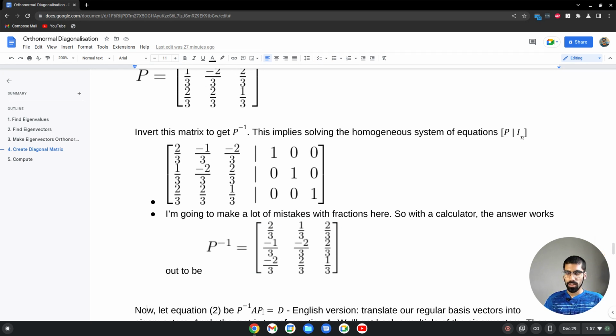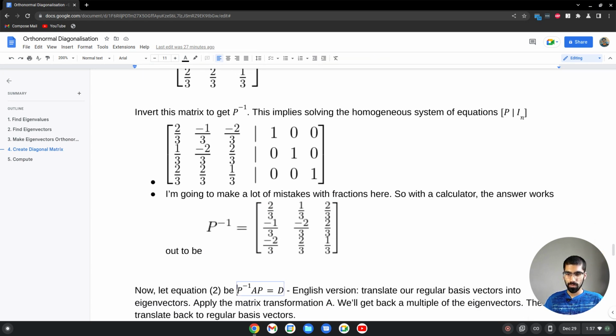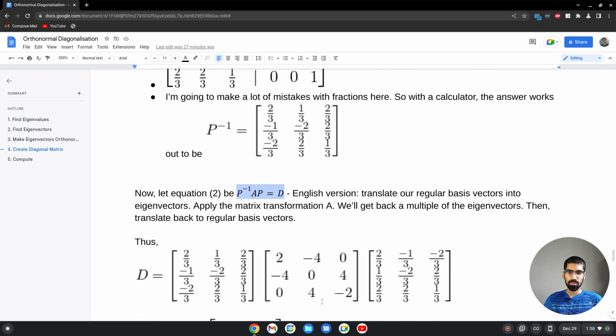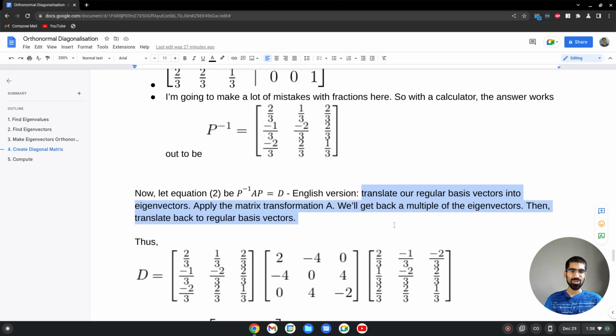And now we created a second equation, where P inverse AP is equal to D. I know many people who have taken linear algebra courses just memorize this formula, but I absolutely adore this series by 3Blue1Brown that actually explains why this is happening. And if you can understand this, good on you.